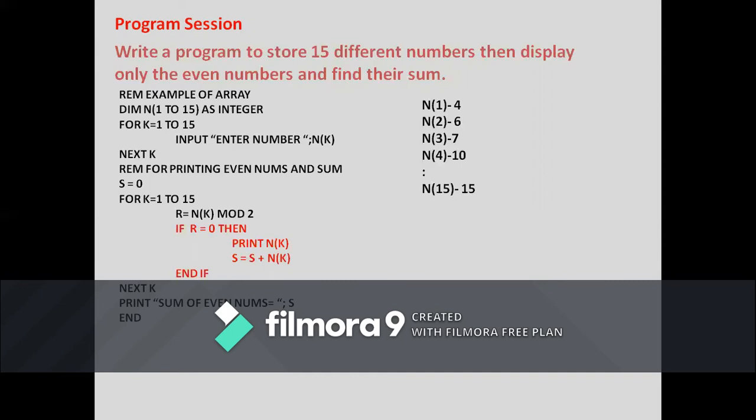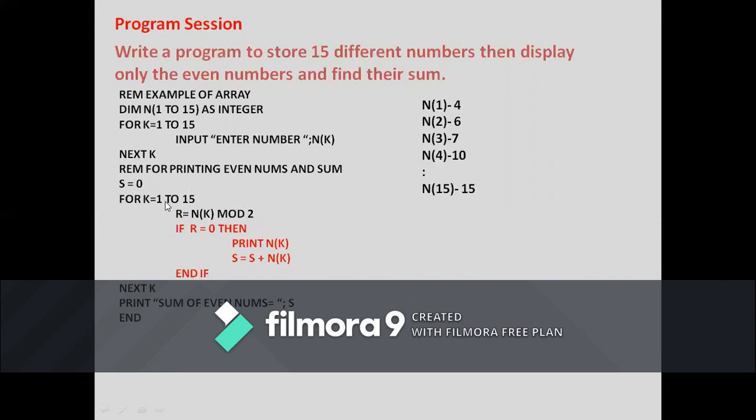If a number is even, then we have to print that number on the screen and find the sum. You can see here r equals nk mod 2. So the first time the value of k is 1, so n1 will be divided by 2.